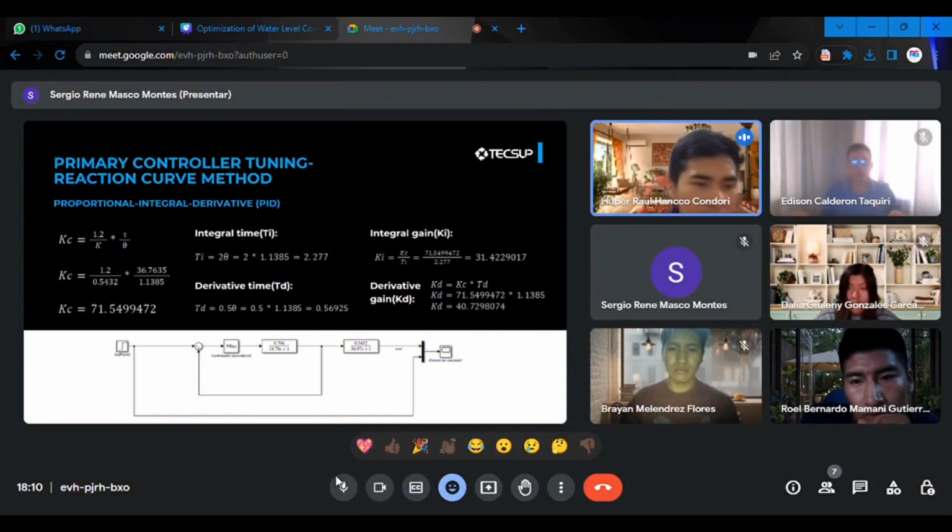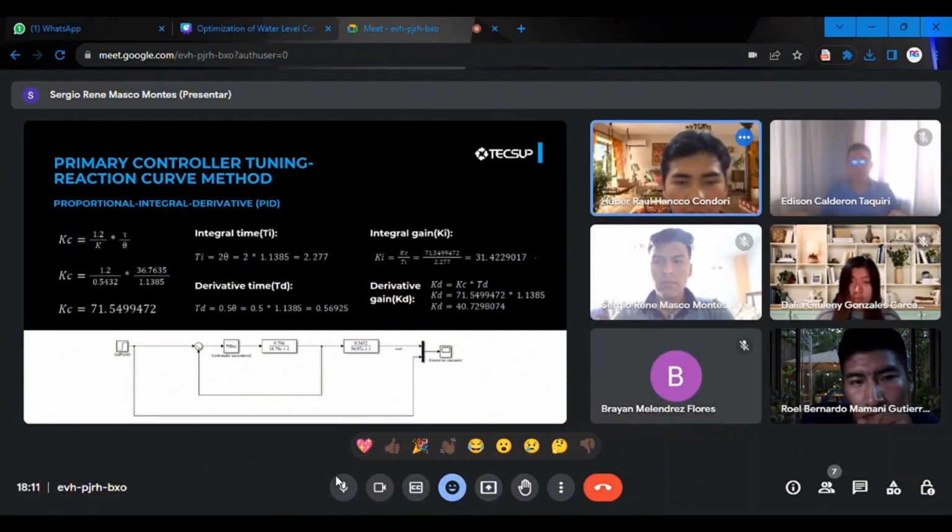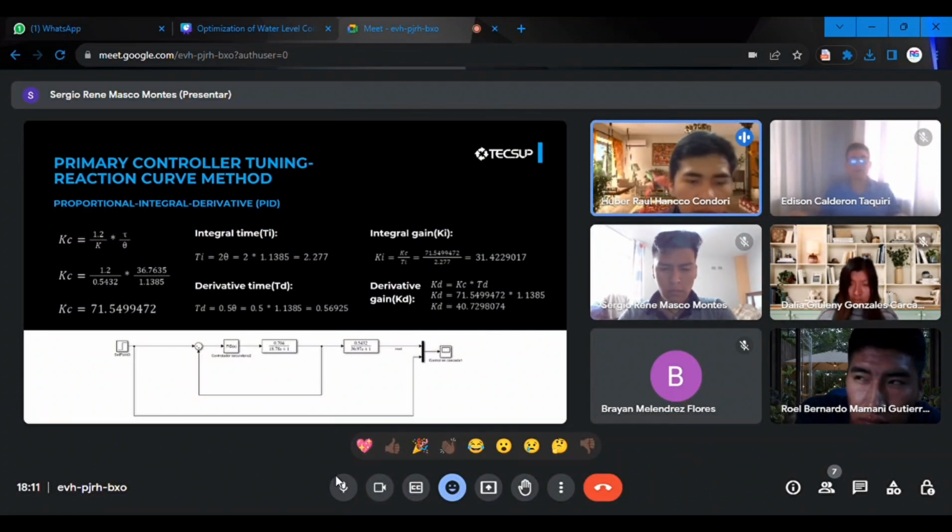The proportional gain is 71.5499472, my integral gain is 31.4229017, and finally my derivative gain is 40.172988074. This analysis is in the cascade control because I am including the secondary process.